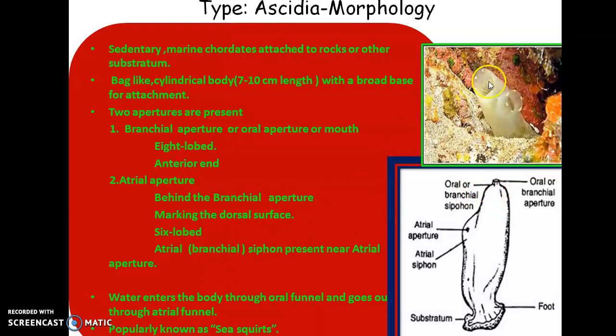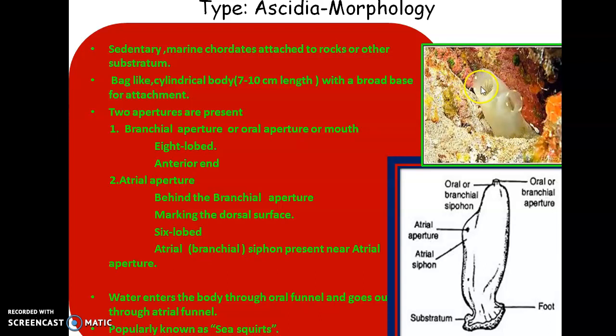So what is the peculiarity of these two openings? Come to the branchial aperture. Water enters the body from the surrounding water through this branchial or oral aperture, and after circulation, the water leaves the body into the seawater through the atrial aperture.